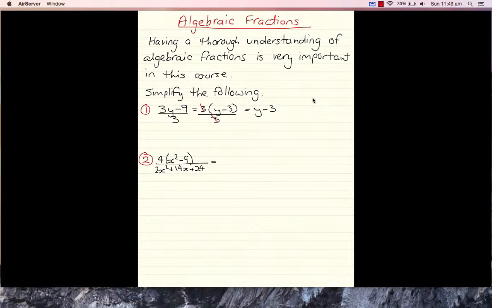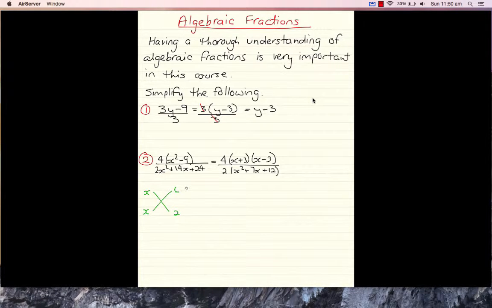Okay, so the next example, 4x squared minus 9 all over 2x squared plus 14x plus 24. What you're going to need to do here is factorise, obviously. If we're trying to cancel out a common factor, then we need to know what the factors of these algebraic expressions are. So 4x squared minus 9 factorises very easily into (2x plus 3)(2x minus 3). 2x squared plus 14x plus 24 has the common factor of 2, so we need to take that out first. And then what we're left with is x squared plus 7x plus 12. Now, I use the cross method.